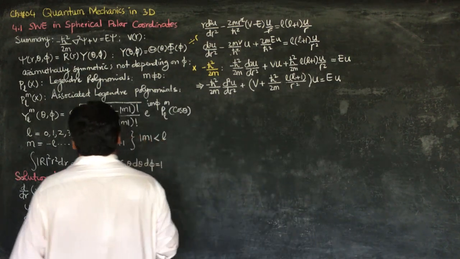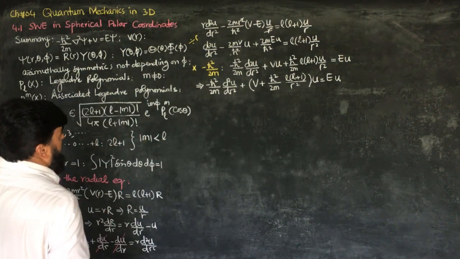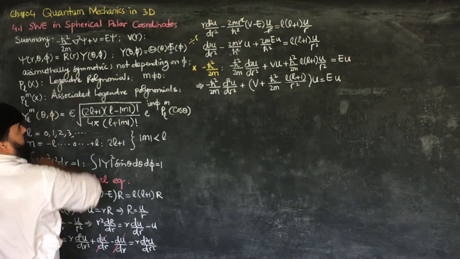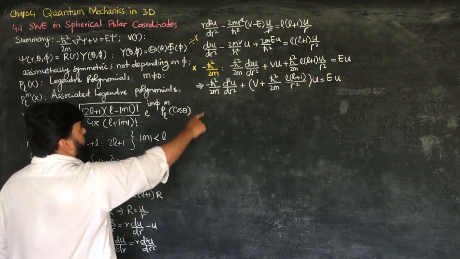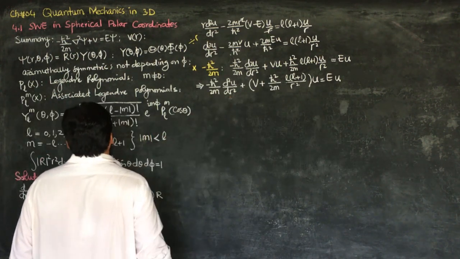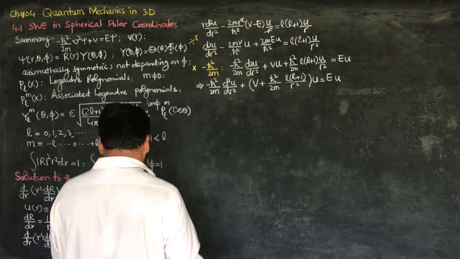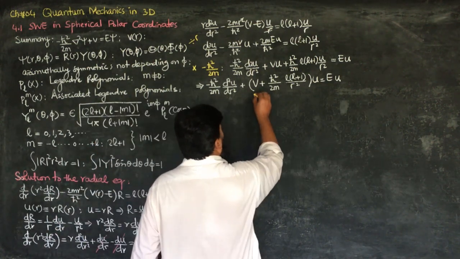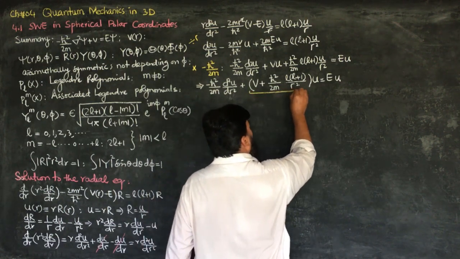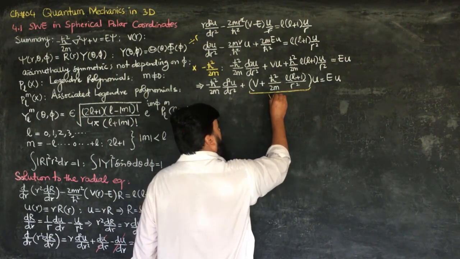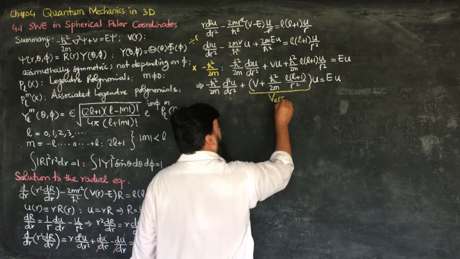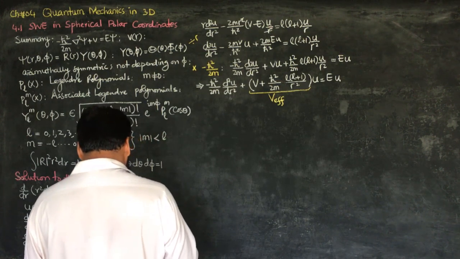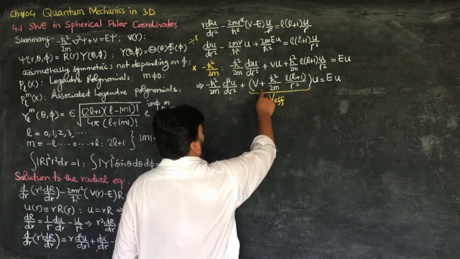And if I look at this equation here, it is somehow like this in one dimension, because this is only the radial dimension. So this one is like the time-independent Schrödinger wave equation, but the V has been modified here, and let me call this V effective, a modified potential which is equal to this value.